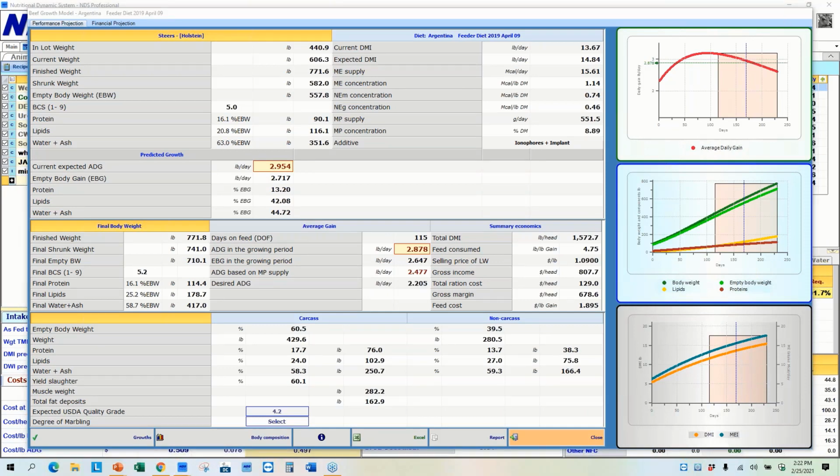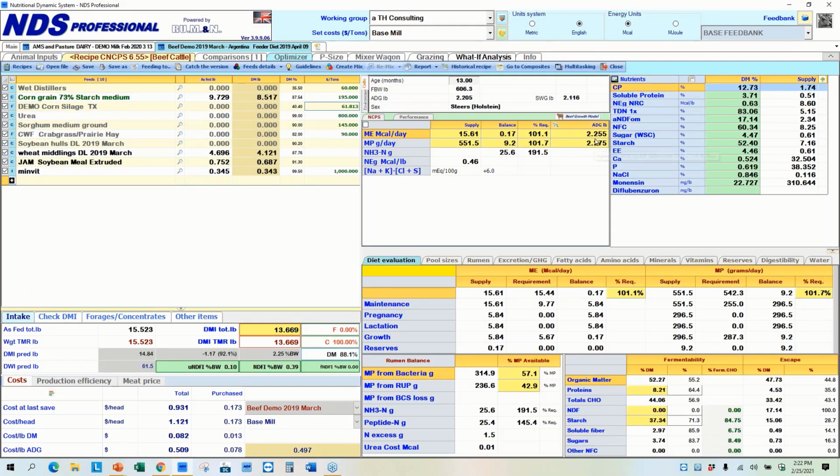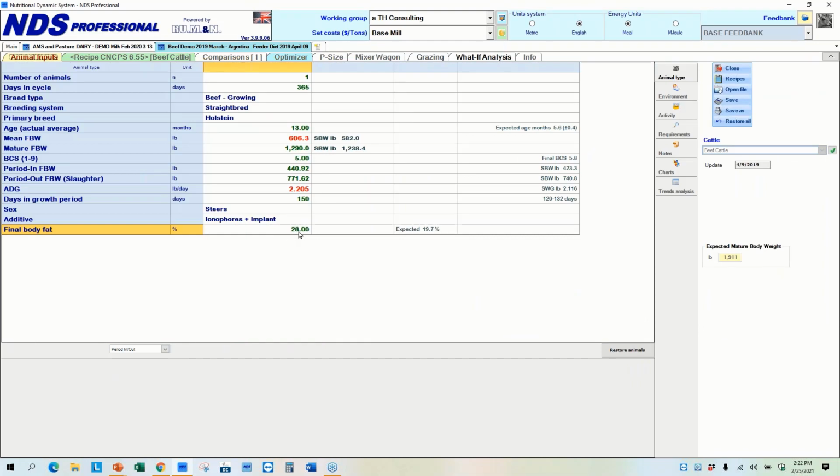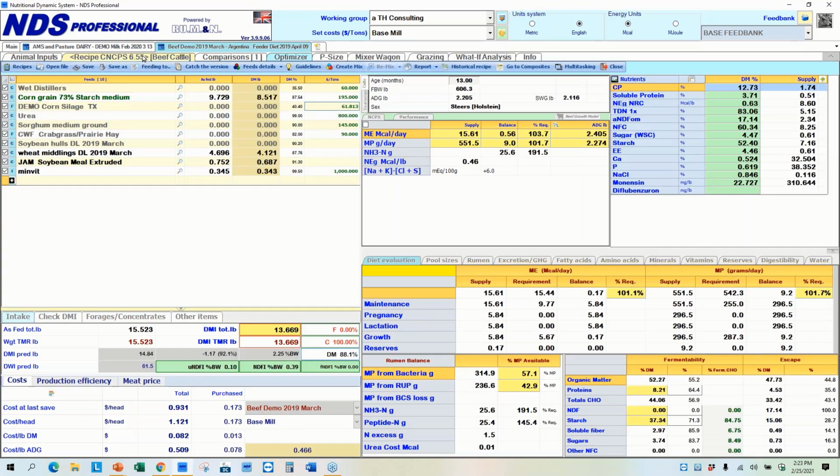I am talking about CNCPS. Can you close the screen? Sure. Back to the animal and try to reduce final body fat to 25. My expectation is to have higher predictions, 2.4.